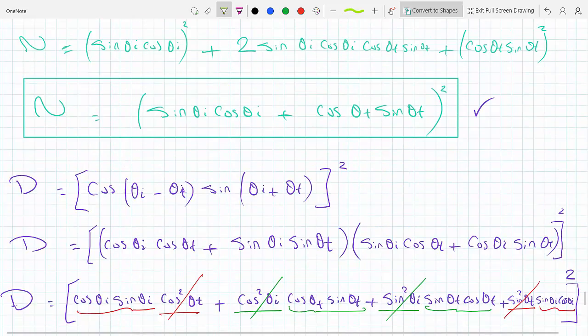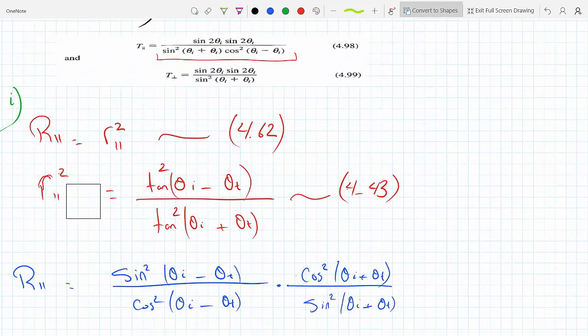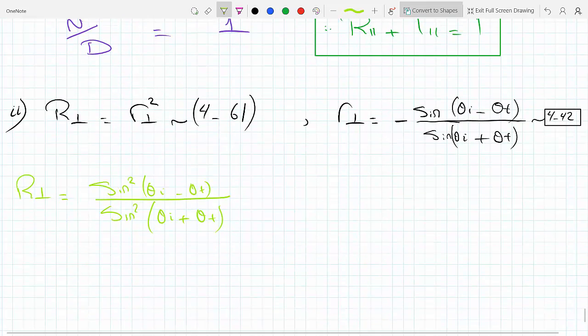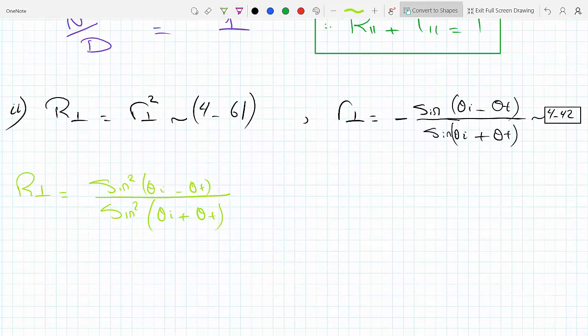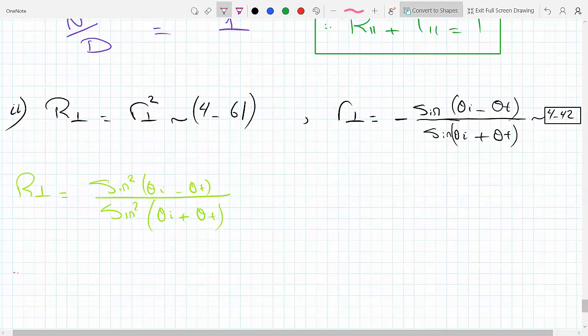And now these two have the same denominator, so I could just add them up. So I'll use T perpendicular from above, so that means T perpendicular plus R perpendicular.